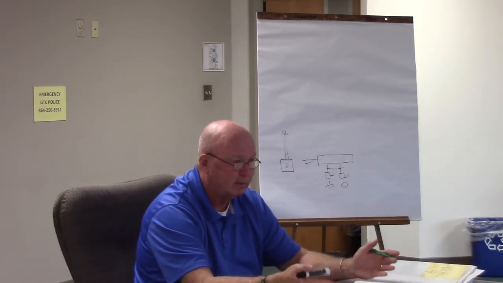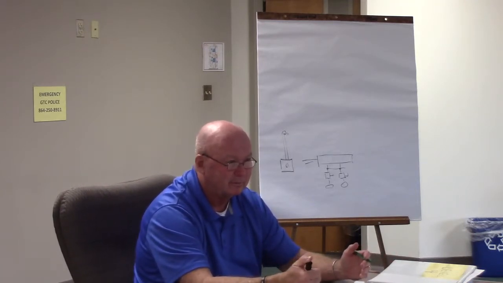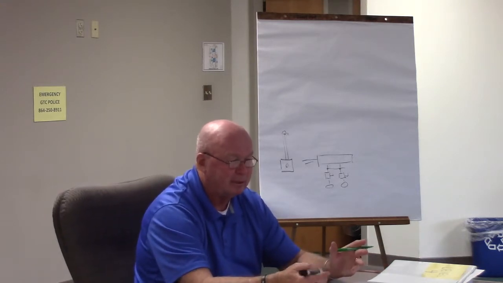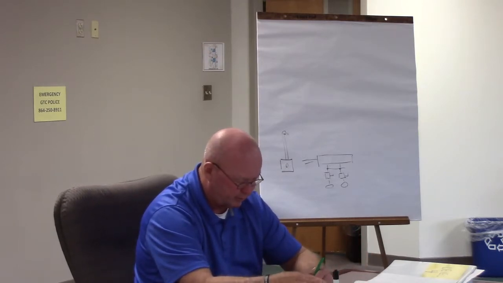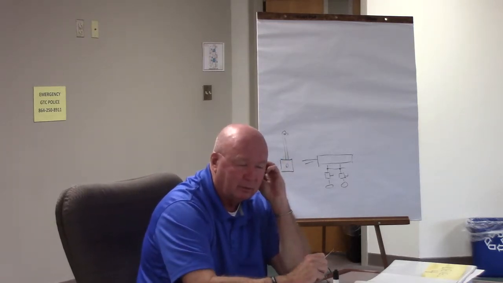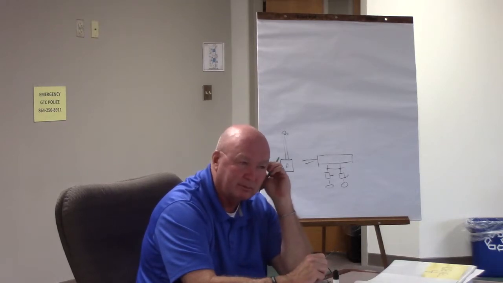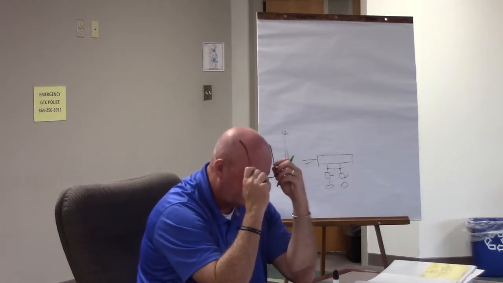It becomes its own building. Because supposedly on a building, you're supposed to only have how many services? You only should have one, right? There are special applications and special circumstances where you can have more than one. But for the general part, why do we want just one service? In case the building catches on fire, you want to be able to shut it off before you go in. We want the fire department to be able to find the source of power and cut it off all the way from one spot, so it makes sense from a safety concern.